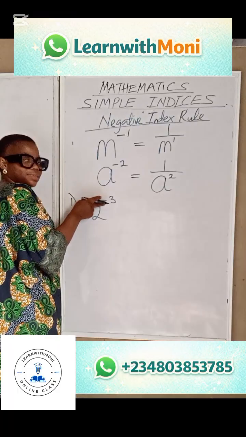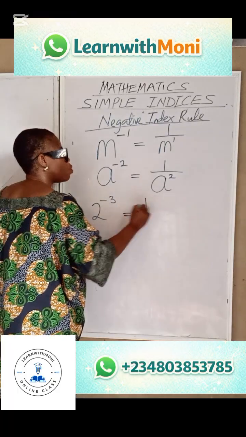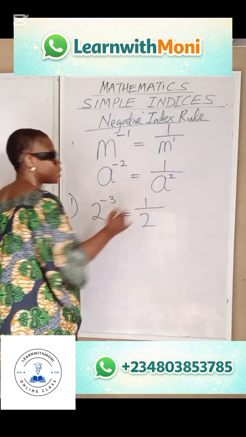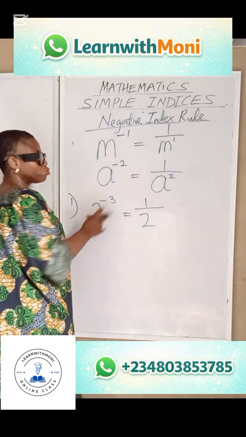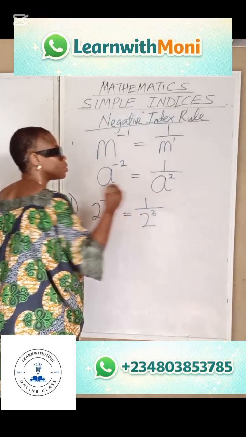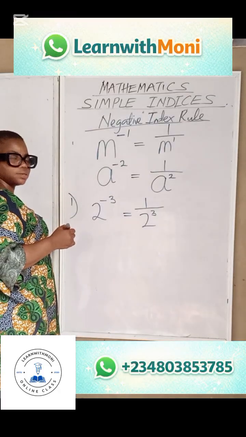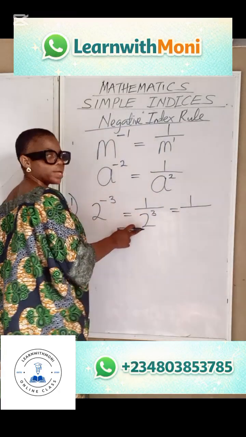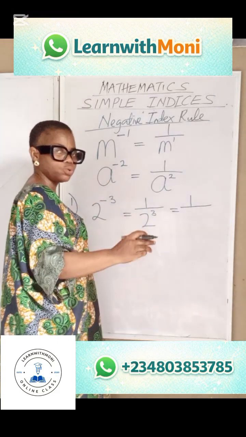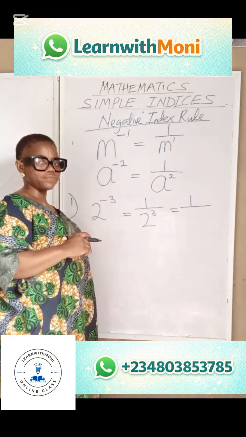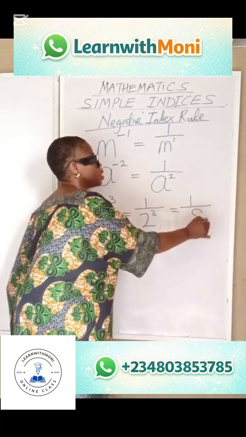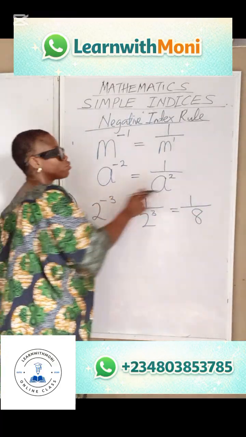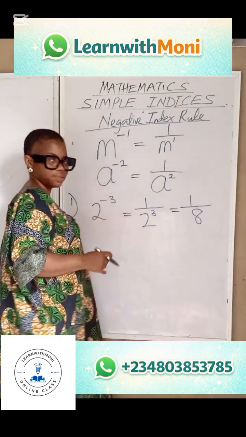This minus at the index means 1 over what? 2 as the base, and the power of 2 here is 3. 1 over 2 raised power 3. 2 raised power 3 is 2 times 2 times 2, 2 multiplying itself 3 times, which is equals to 8. So 2 raised power minus 3 equals to 1 over 8.